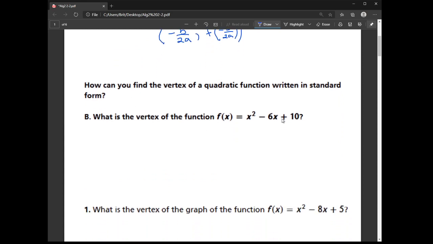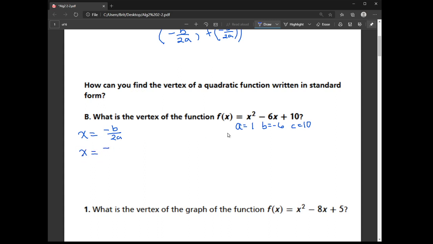In this question, I need to first identify my a, b, and c. My a value is the number in front of x squared, which is 1. My b is negative 6, and my c is 10, though I don't need c for this. To find the x value of the vertex, I'm going to plug into negative b over 2a.